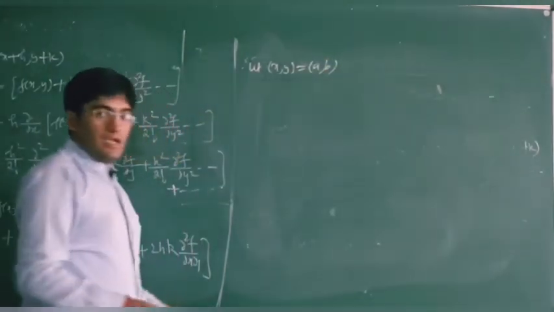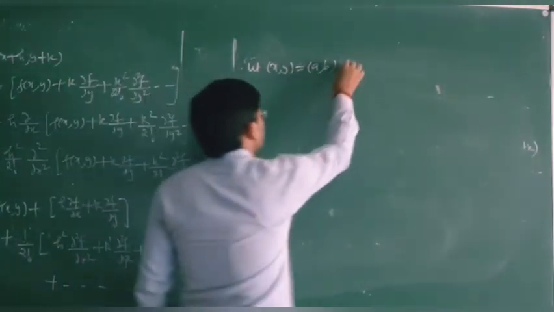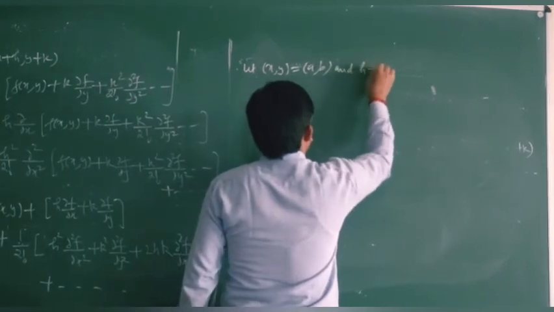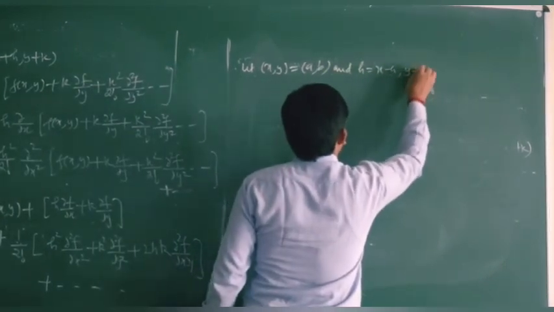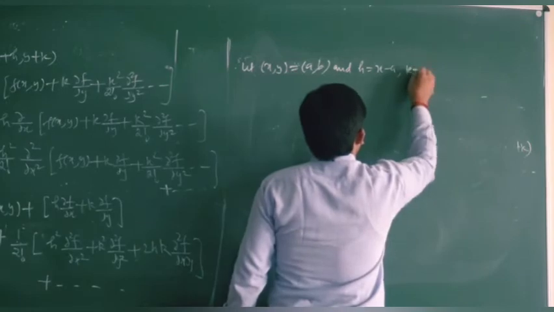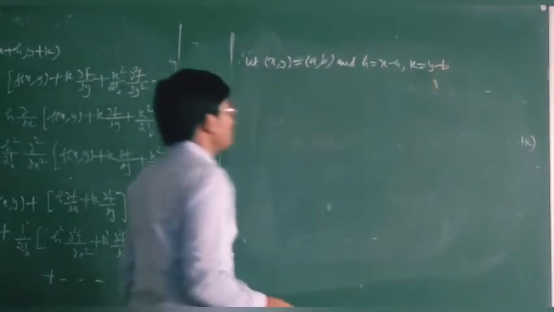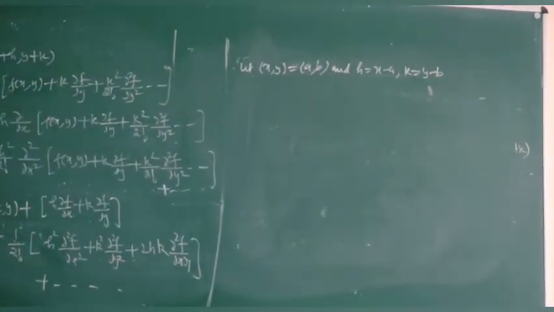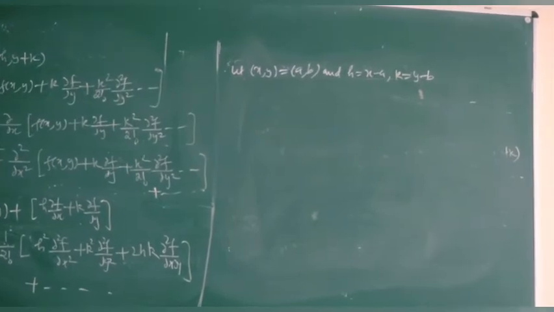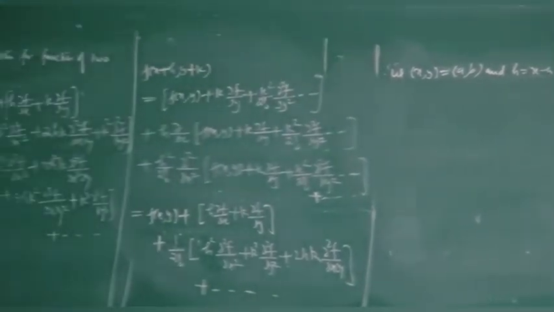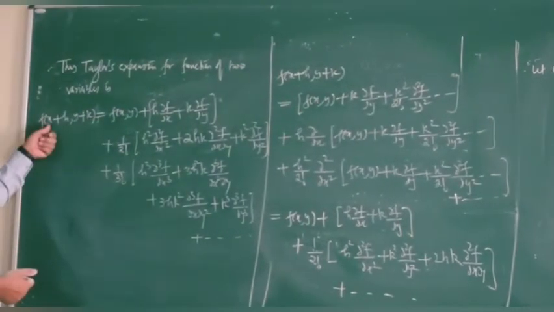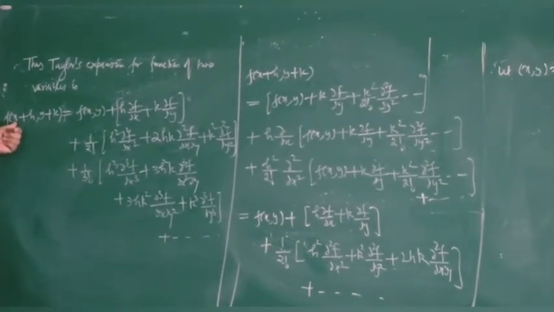Suppose that x is a and y is b, and h equal to x minus a and k equal to y minus b. So if you put x equal to a and y equal to b here, then this will be a plus h. If we put x equal to a here, then this will be a plus h.